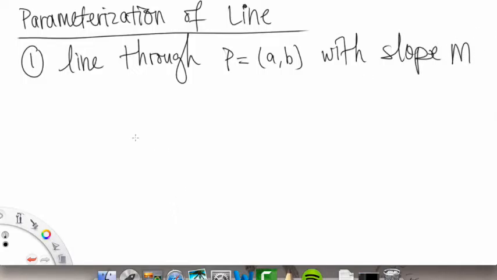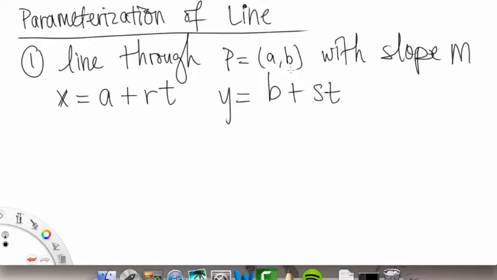The way you would do that is your x parametric equation would look something like this, like a line in itself. Okay, wait, hold on back here. I'm going to put an r here, okay? And our y coordinate would look something similar, just with different variables, right? And this is as t goes from negative infinity to infinity, so this is all the real numbers, okay?